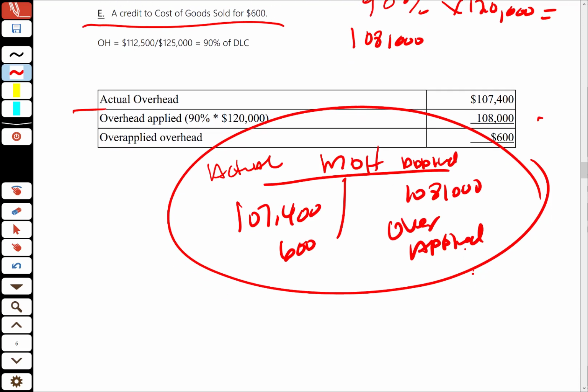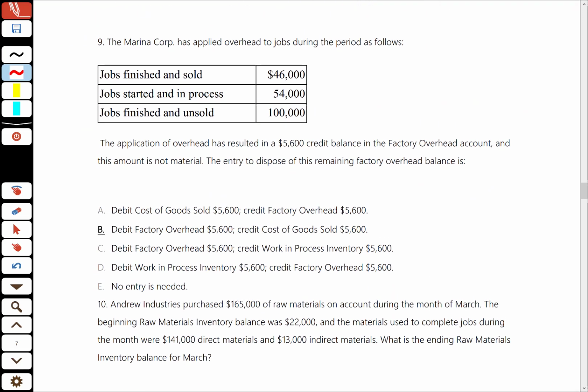Okay, all right. Let's take a look at number 9. The Marina Corporation applied overhead to jobs during the period. The application rate has resulted in a 5,600 credit balance in the factory overhead account, and the amount is not material. The entry to dispose of this should be what?